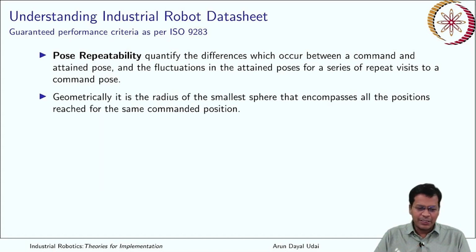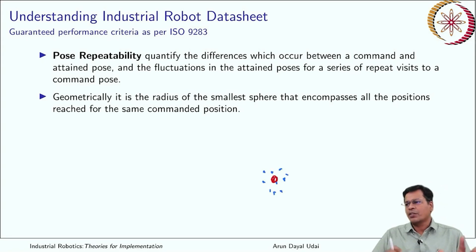What does it mean basically? Geometrically, let's say you want your robot to go to a specific place. You have commanded it to go there. Now whenever you command it, it goes here, it goes here, it goes here. So every attempt it goes somewhere near this particular point.